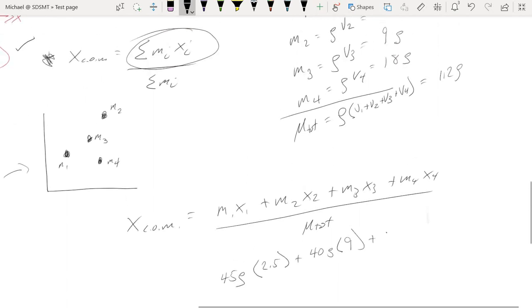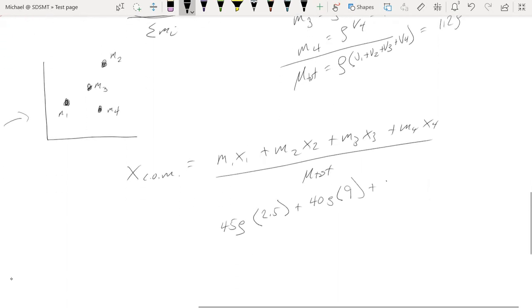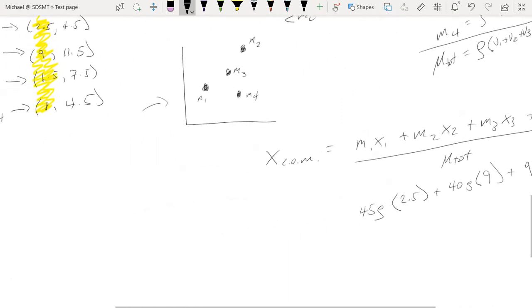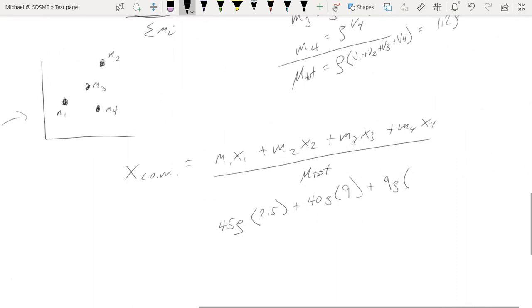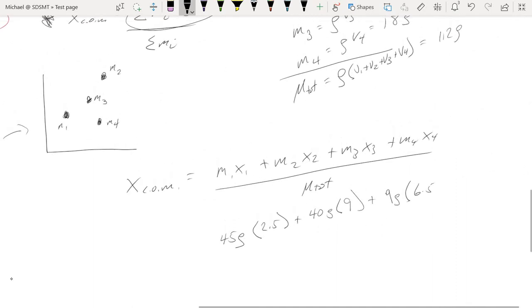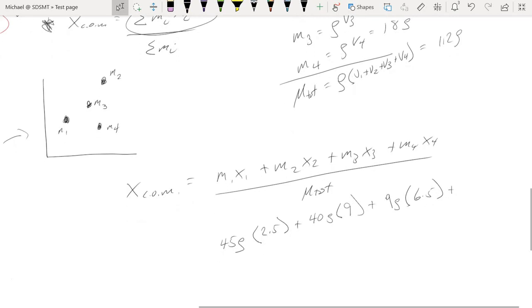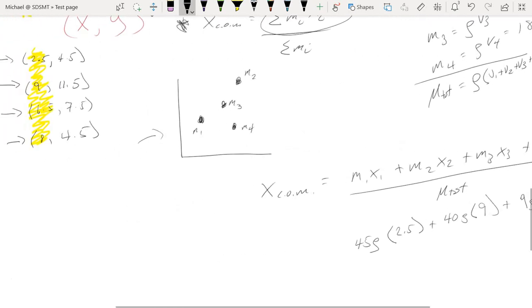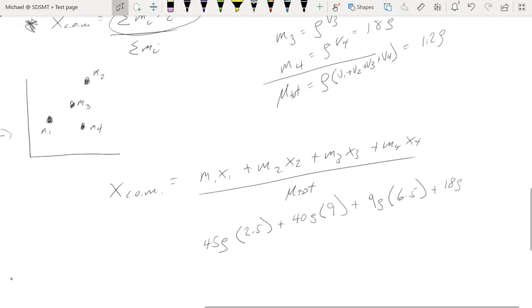Mass 3 is 9 rho, located at 6.5. And mass 4 is 18 rho, located at 8. All divided by the total mass, which is 112 rho.